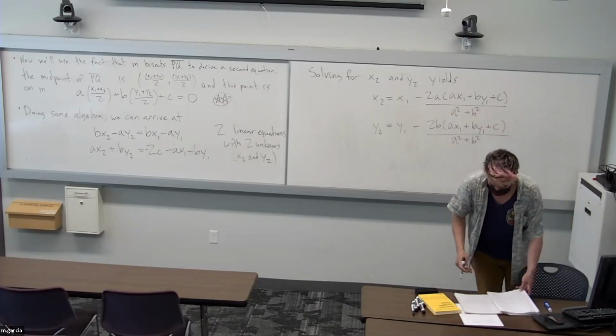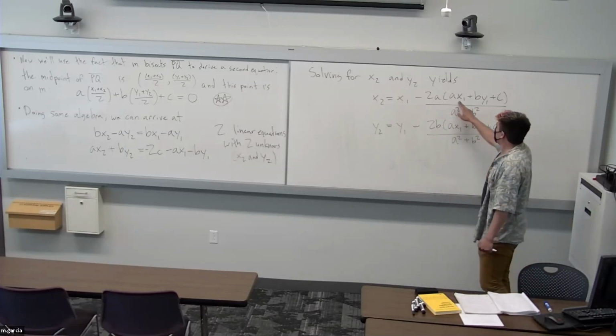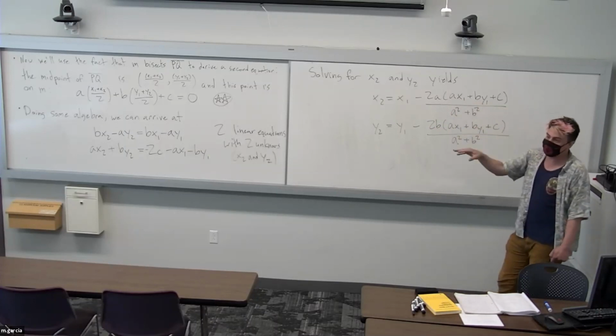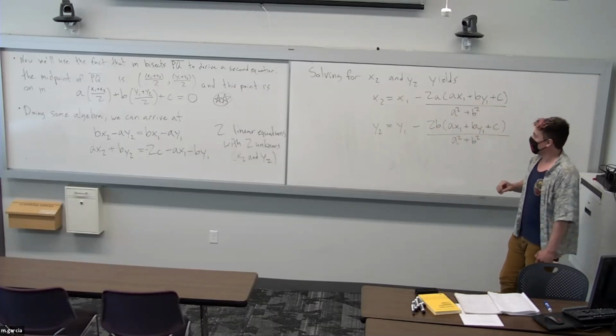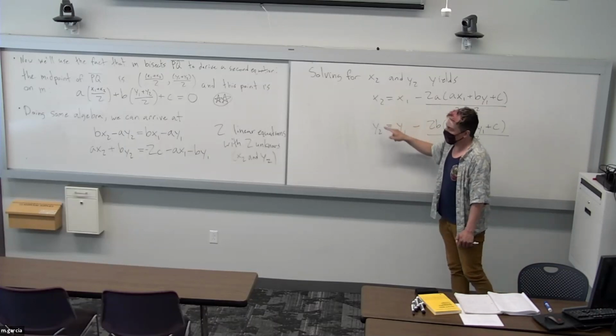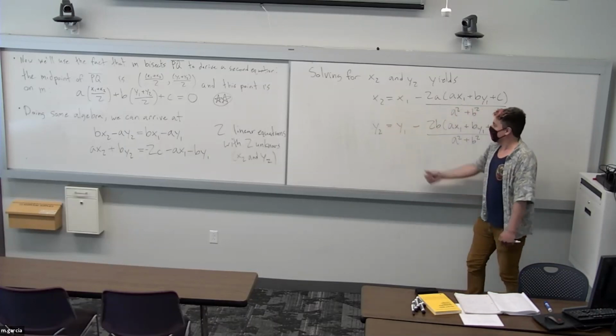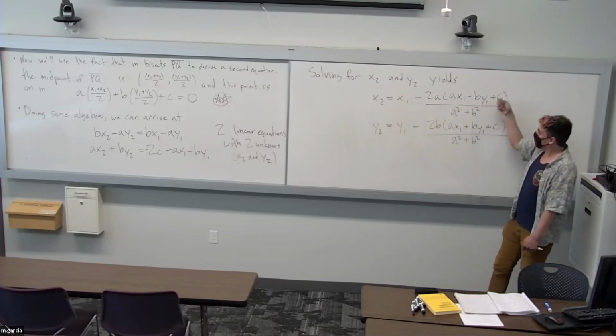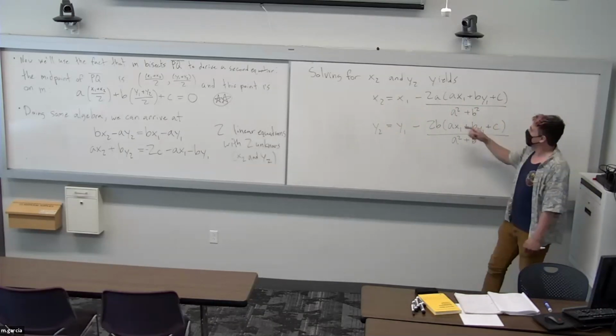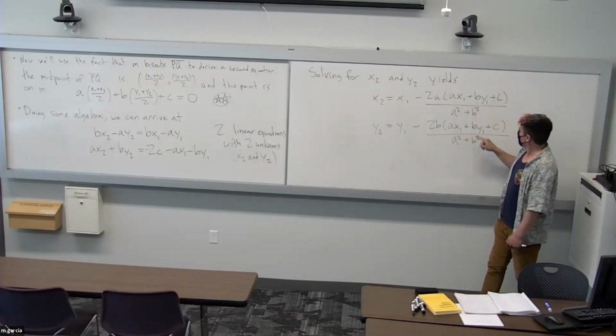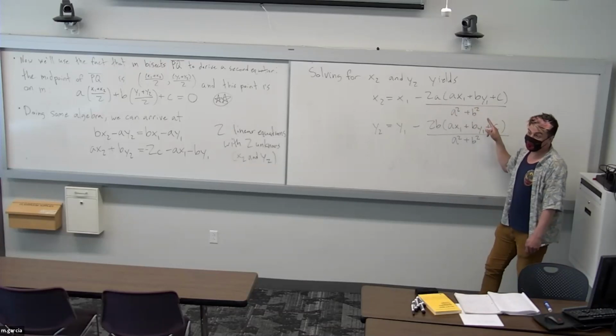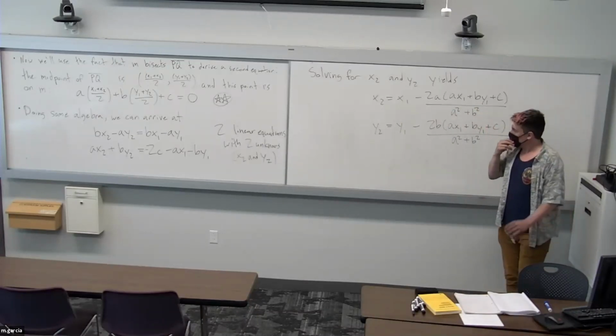Okay, so let me emphasize this again. x1 comma y1 was our input into sigma sub m, and x2 comma y2 are our output. Notice our formulae here involve only our inputs and the constants from the equation for m: a, b, and c. Okay?